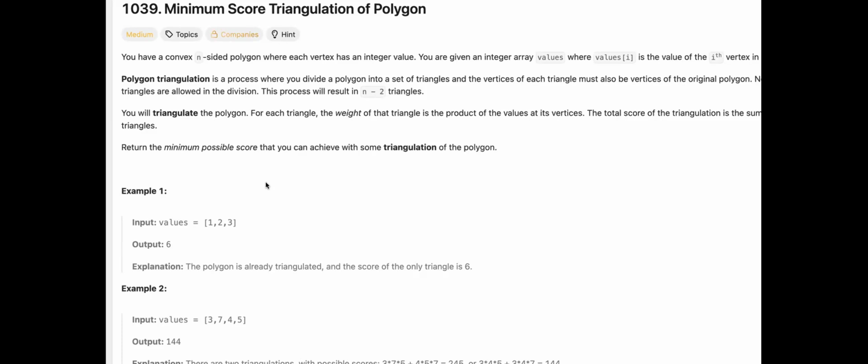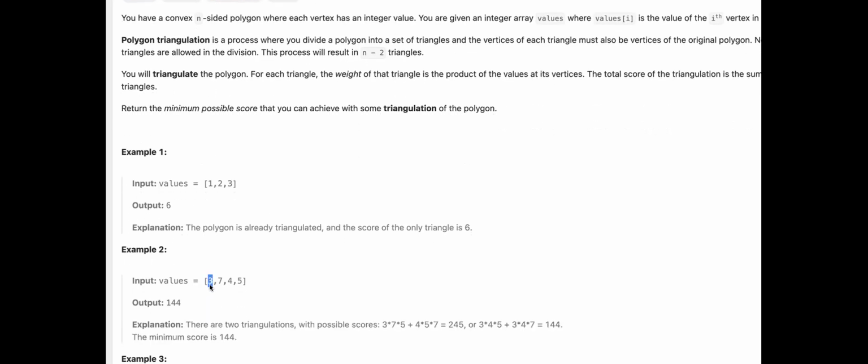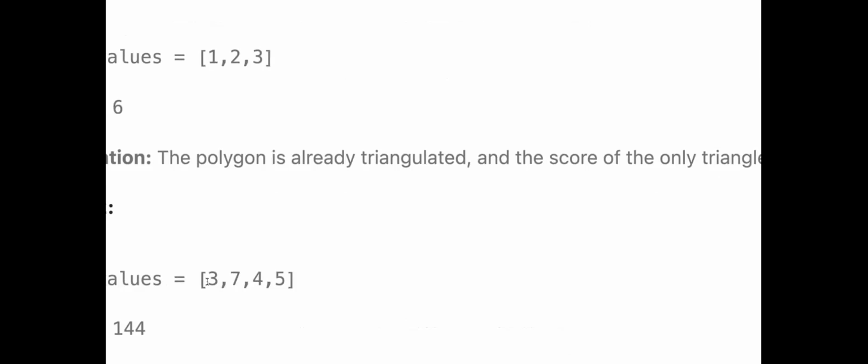And guess what? Actually, I was applying a greedy technique only. What I was thinking at the start when I was reading this question was that I will permute all values of this array, and I will have n factorial ways to permute. Now, finally, I will do multiplication in order. For example, i into i+1 into i+2, plus i+1 into i+2 into i+3, plus i+2 into i+3 into i+4, and so on.